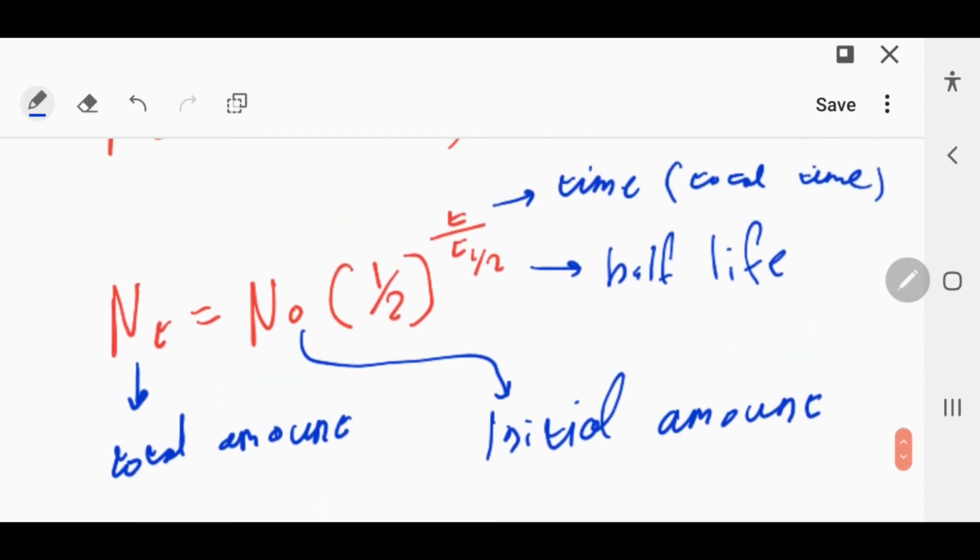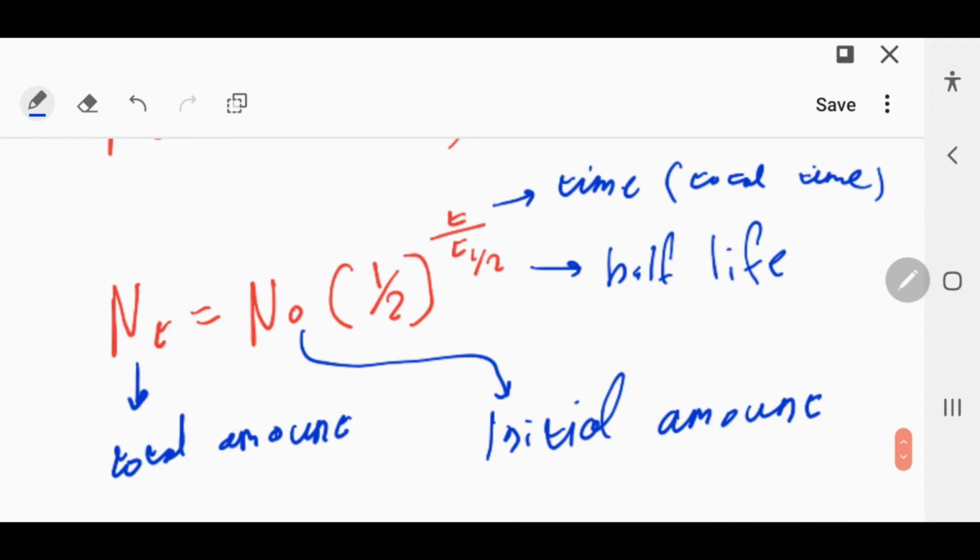So we can find out the initial quantity or the total amount or total quantity or the time needed to have a specific quantity, or even we can find out the half-life of any material.